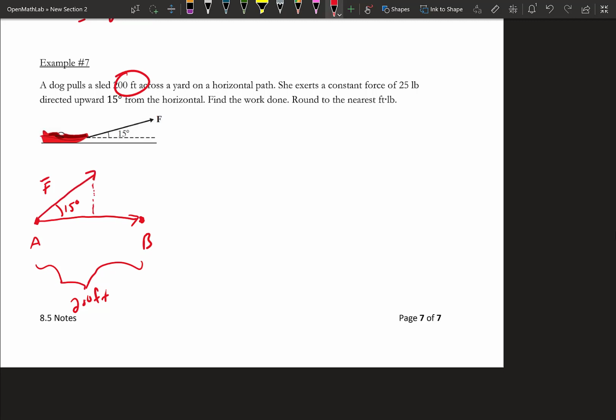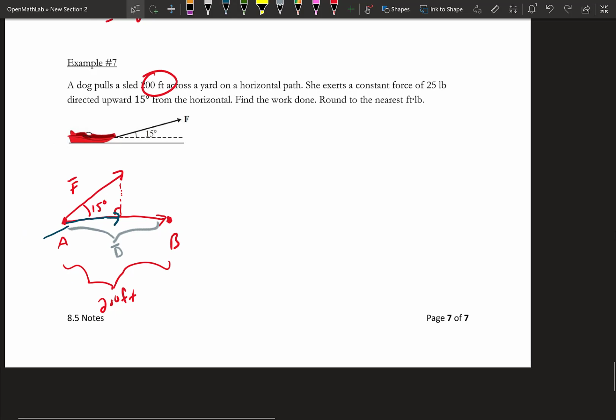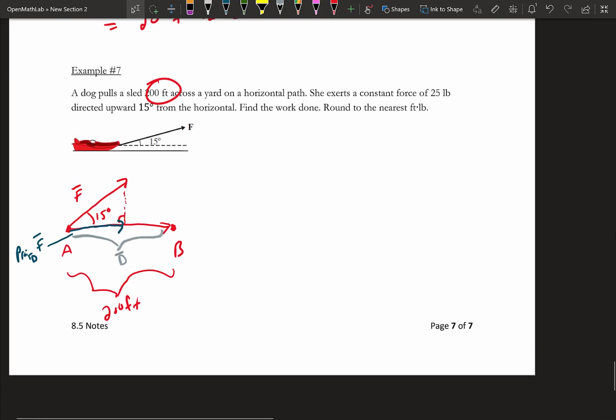So then if I pull this straight down, where that's at a 90-degree angle, then this blue vector, this whole vector here is the displacement vector, vector D. So that blue vector there, that's equal to the projection of vector F onto vector D.